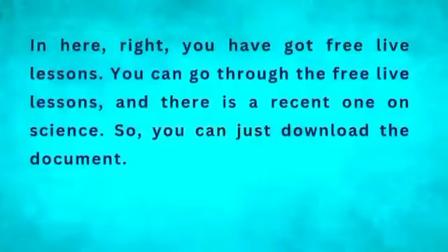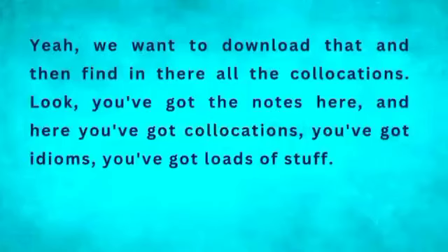In here, right, you have got free live lessons. You can go through the free live lessons, and there is a recent one on science, so you can just download the document. Yeah, we want to download that and then find in there all the collocations.